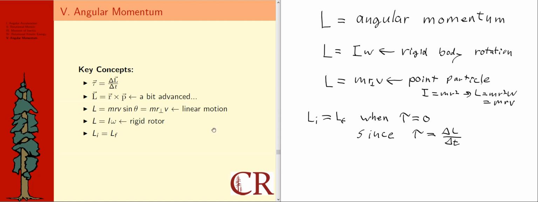But it turns out for linear motion, this is maybe a special case of this formula here, mrv sine theta. We're going to see an example that will touch on this a little bit, but I don't want to get too deep into the mathematics of this. We are going to see an example where you have something that's moving linearly in a way that it still has angular momentum.